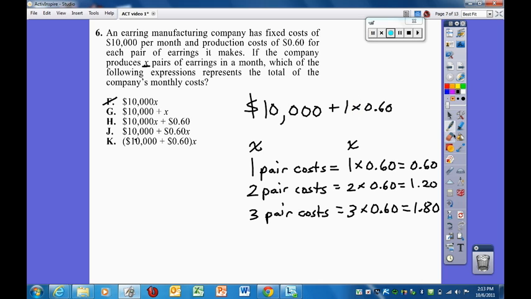This is the variable, so it's not 1, it's going to be my X. Okay, that's my X. So X times 0.60. That's what we're looking for. All right, and of course it was written a little differently. In the answer choice here, we can see that it's not X times 0.60, it's 60 times X. So this is the correct answer, J.